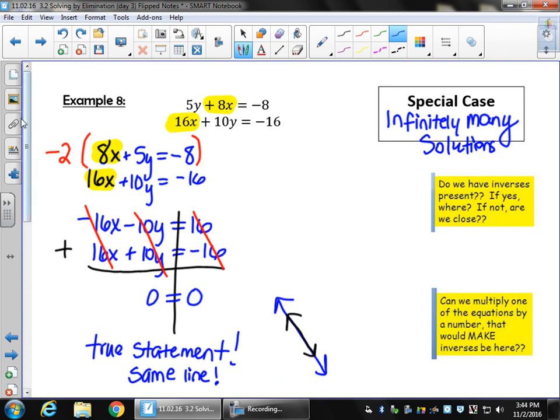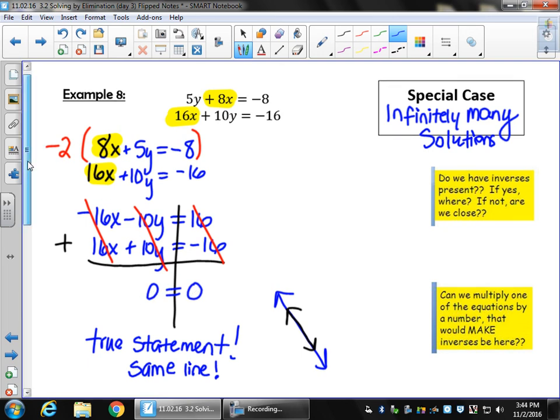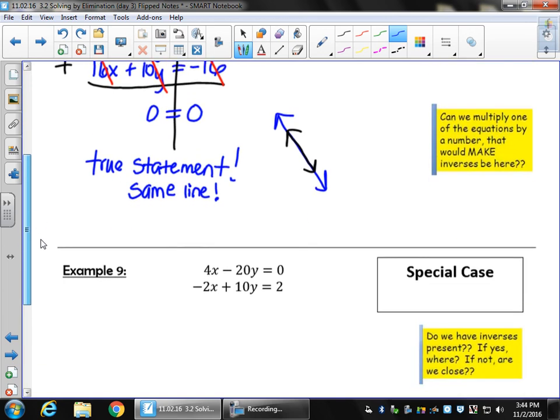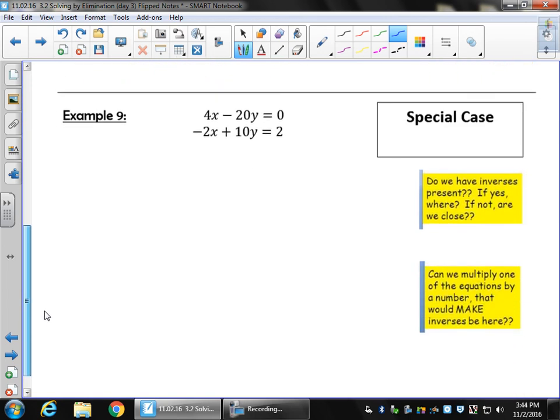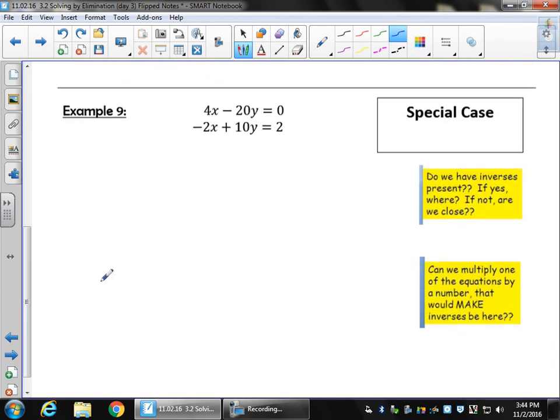So this is what we're going to see happen when it's infinitely many solutions. I get a true statement, 0 equals 0, or 5 equals 5, something like that would be true. Let's take a look at number 9. First, let's check, are my like terms lined up? Here's 4x, negative 2x, yes.